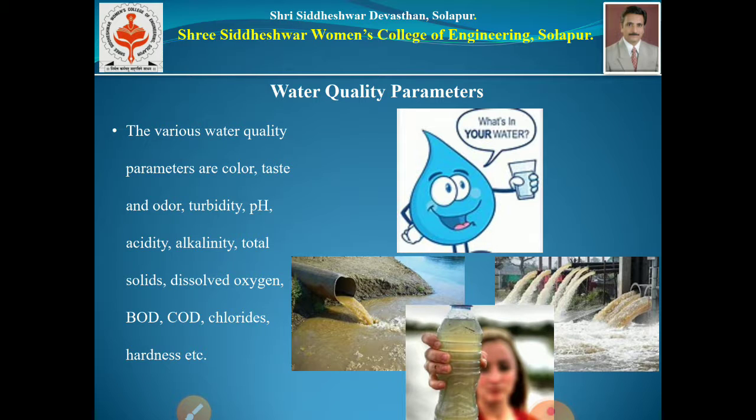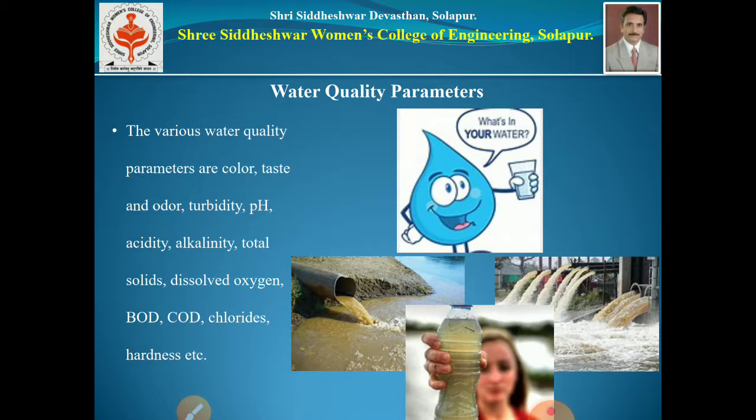The quality of water is of two types. Some qualities can be seen or felt by the naked eye or by simple physical means, that is color, taste, odor, turbidity.